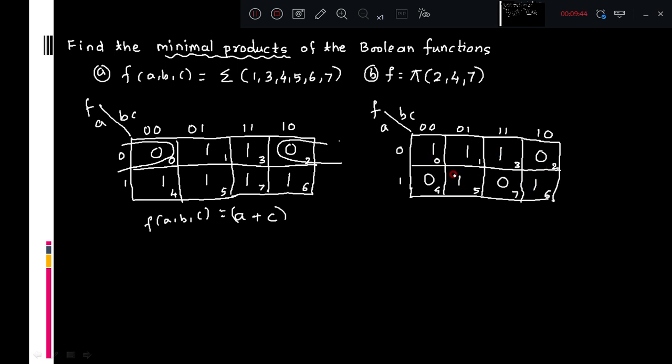Now here if you observe, these 0 terms we need to group, these are not physically adjacent as well as not logically adjacent. So directly a single cell grouping needs to be done, and write the function.